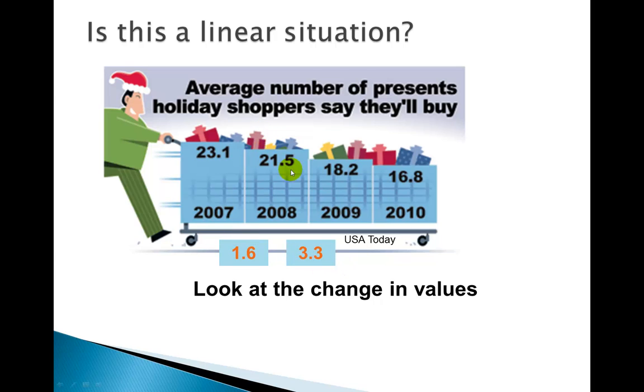And also we got a negative change of 3.3 presents. So we went down again. But notice this change is not the same. And then between 2009 and 2010, we went down another 2.4 presents. So over this 3-year period, between 2007 and 2010, we had decreases, but they weren't of the same amount.